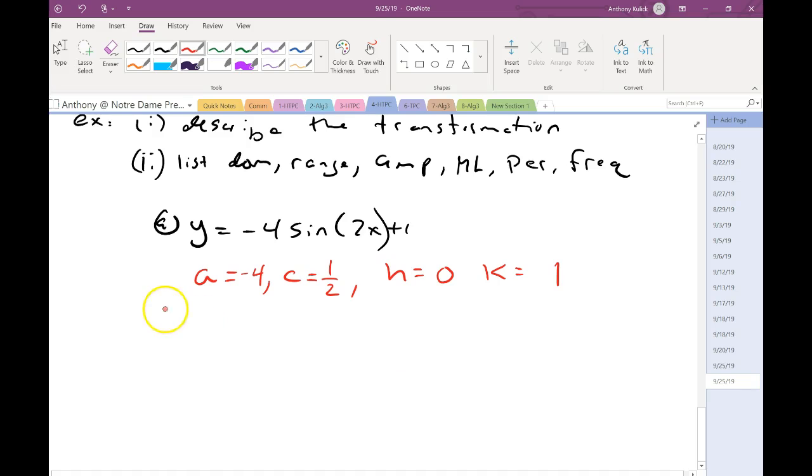So to describe the transformation, I'm just going to do the 1, 2, 3, 4, 5, 6. So 1 and 2 are about the C. Since C is positive, I have no reflection. And since the absolute value of C is less than 1, I have a horizontal shrink.